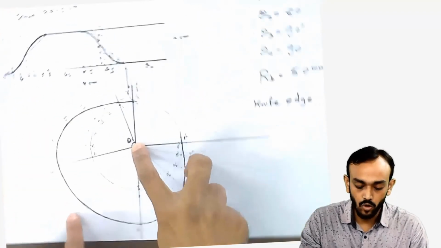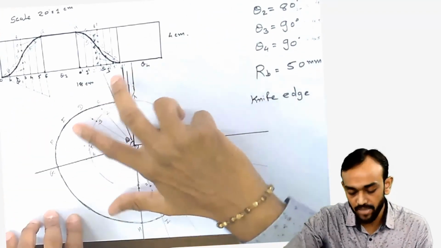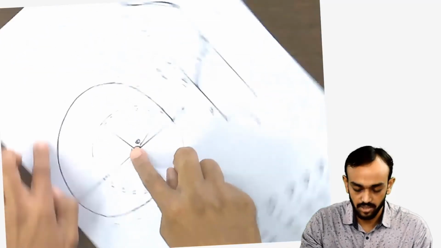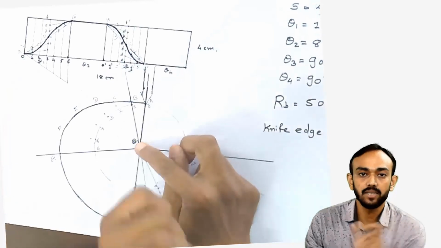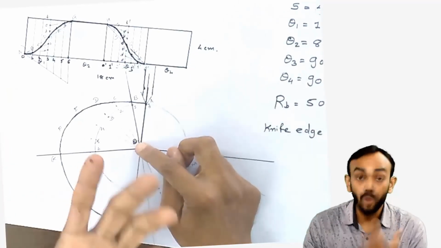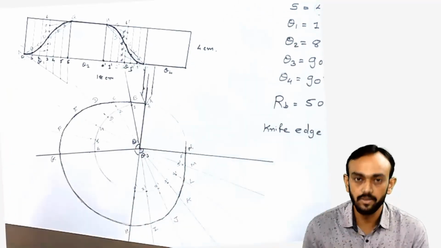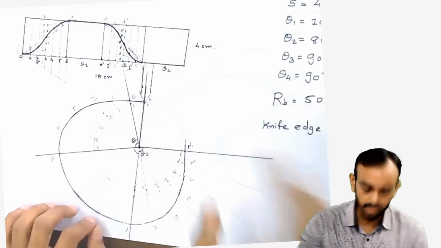Okay, so when the cam is rotating in a clockwise direction, we draw the profile in an anti-clockwise direction. Remember that whenever no direction is given in an example, we will draw in this direction.